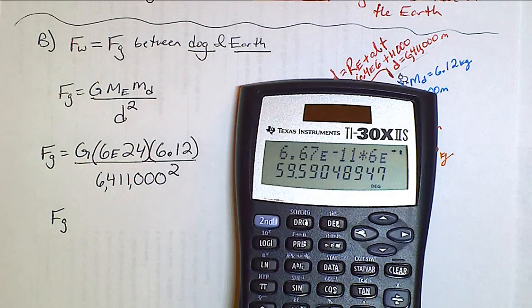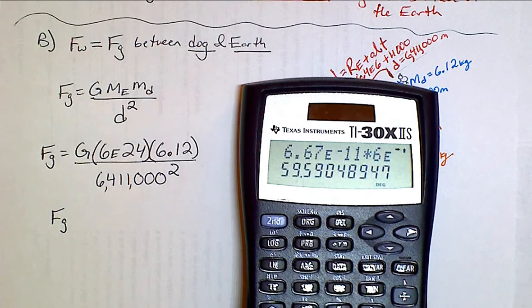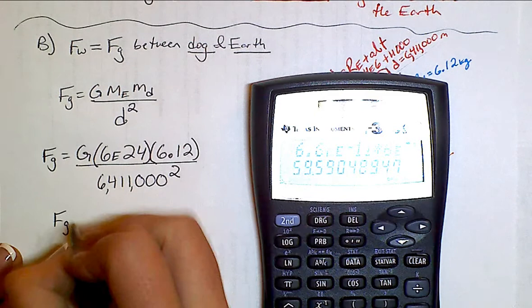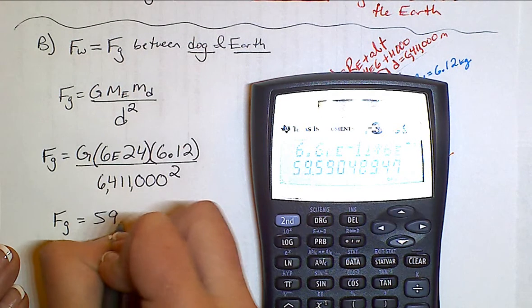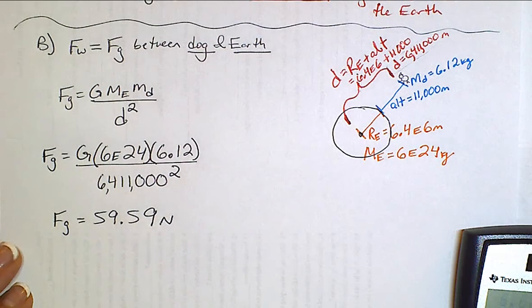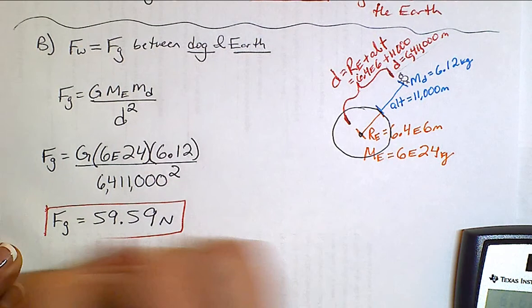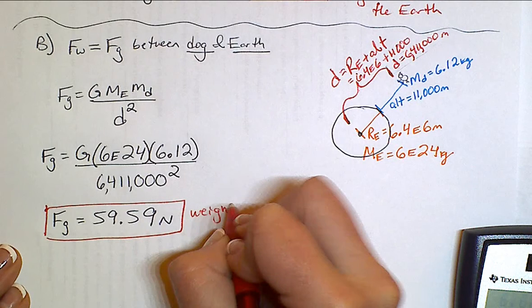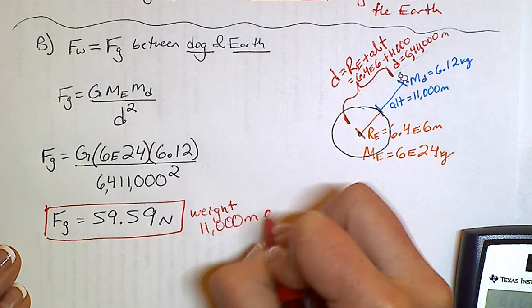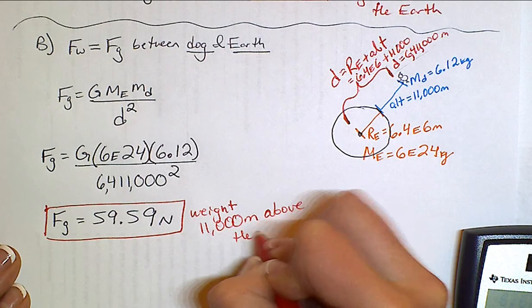His weight here is 59.6 newtons. This is the dog's weight, 11,000 meters above the Earth's surface.